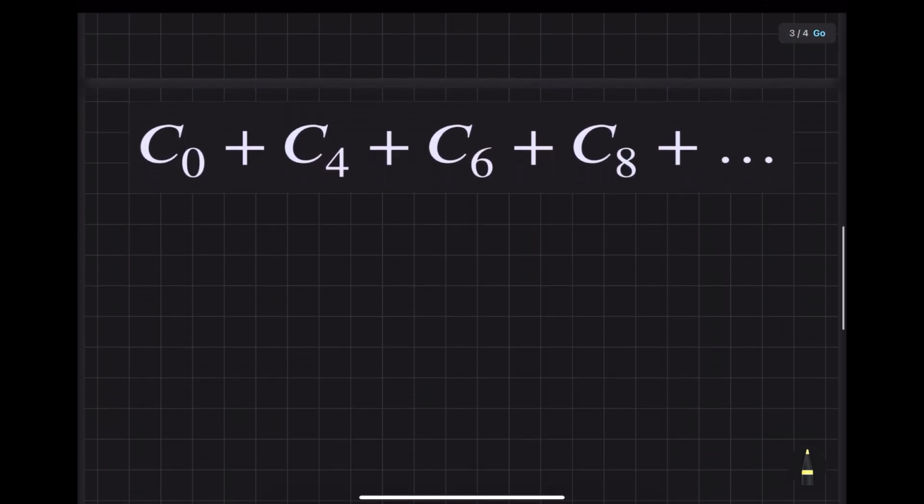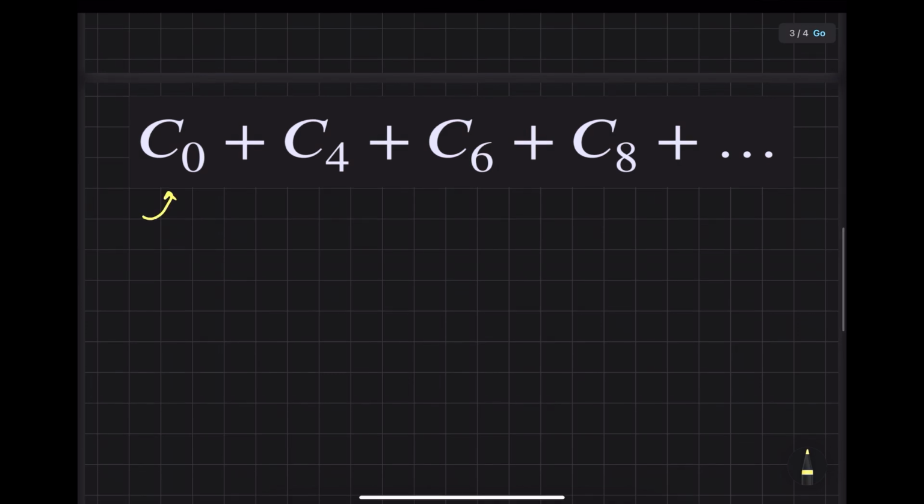Now look at this. Now this is C0, C4, C8, C12. Now look at the lower subscript. The gap of lower subscript got changed by 4, but they are using even lower subscript, correct?